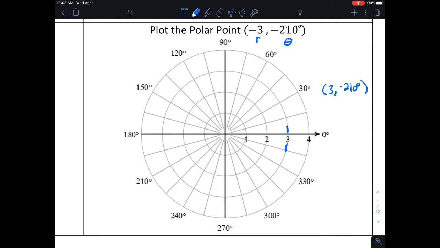So I rotate negative 210 degrees. So negative 210 degrees is going to put me right here. So this point, let me make it like a little X here. So that is the coordinate 3 comma negative 210.